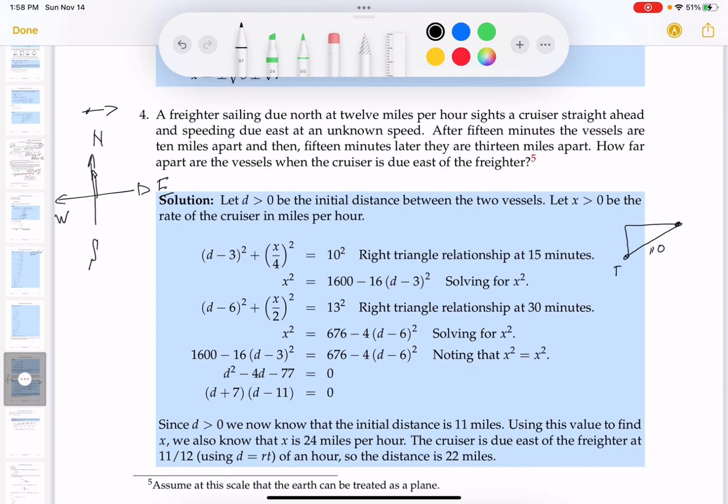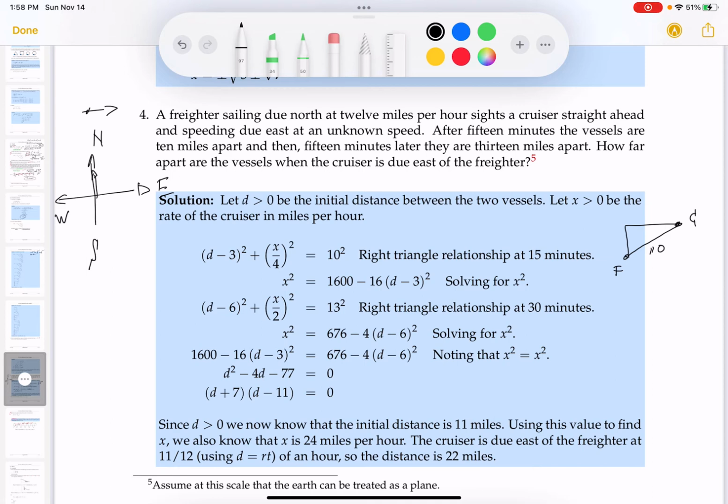This is the freighter, and this is the cruiser. So a freighter, right, he's going north at 12 miles per hour, and a cruiser straight ahead of him and speeding due east at an unknown speed.